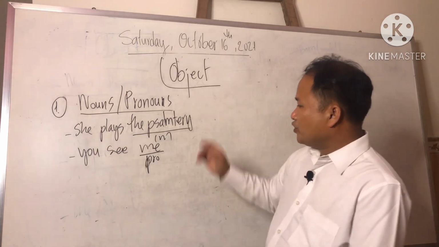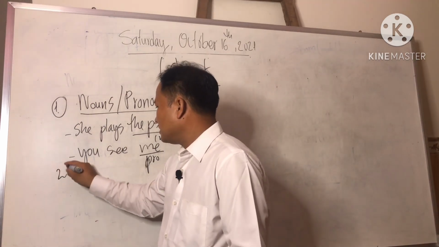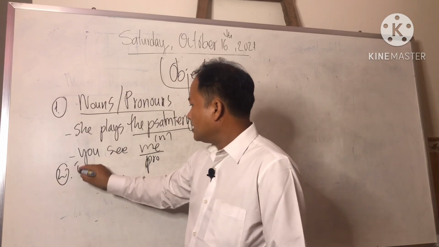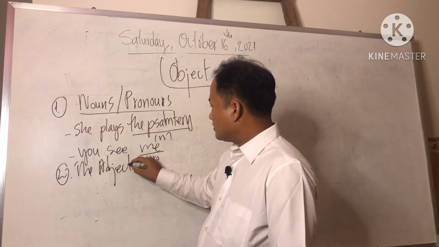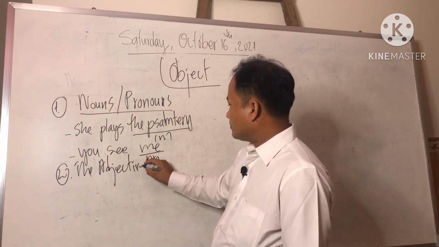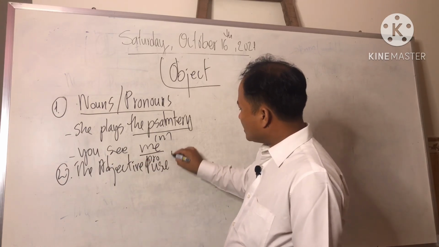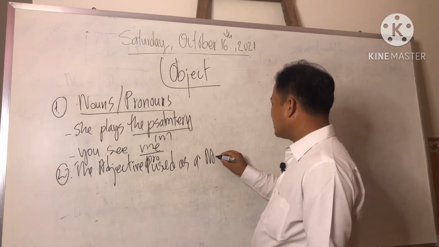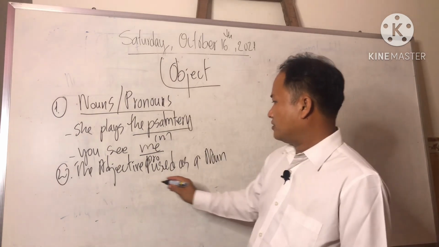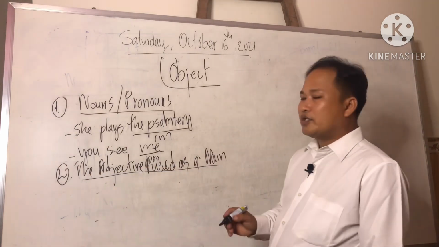So object can be used with one more: the adjective. You use it as a noun.